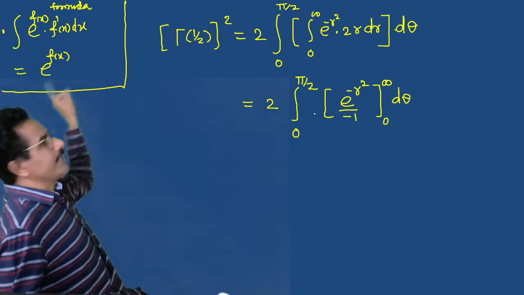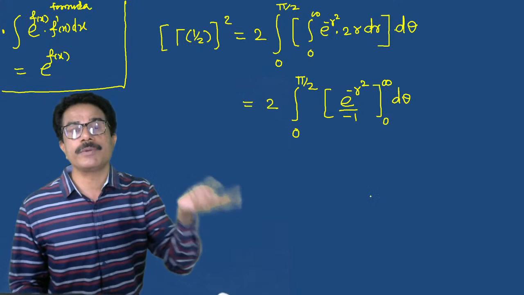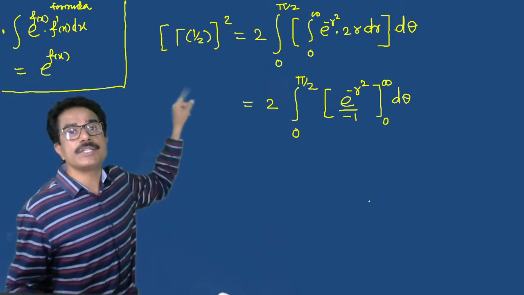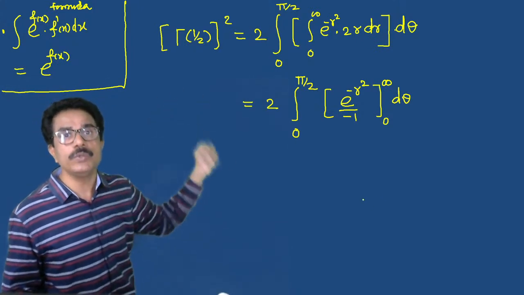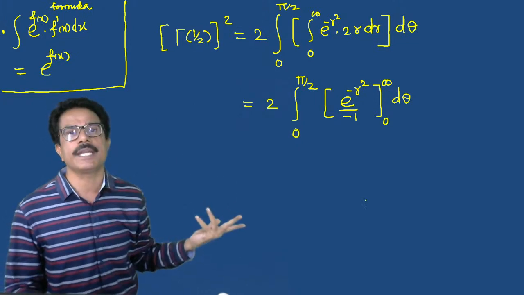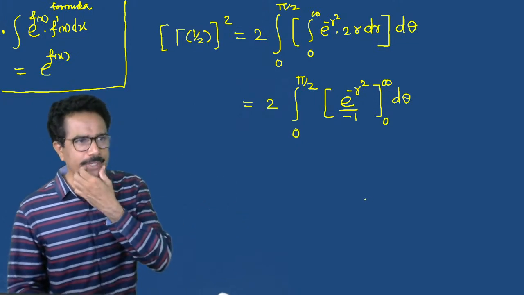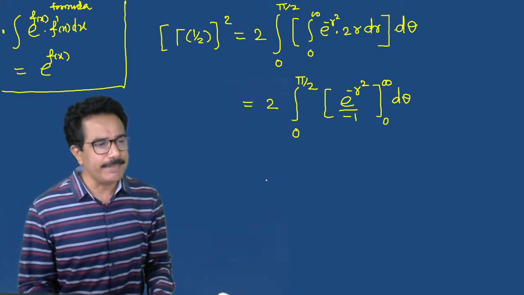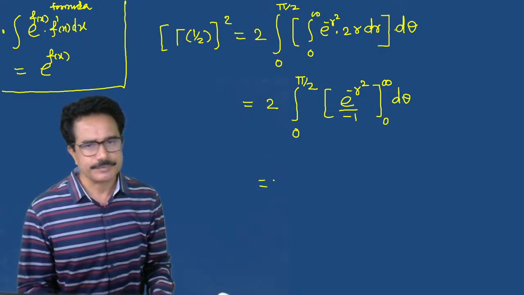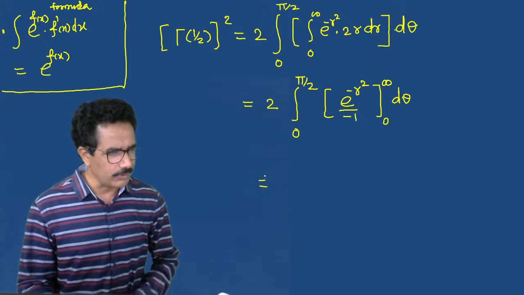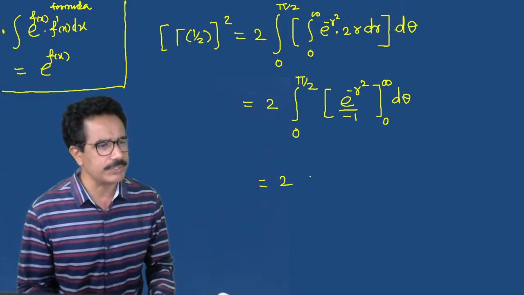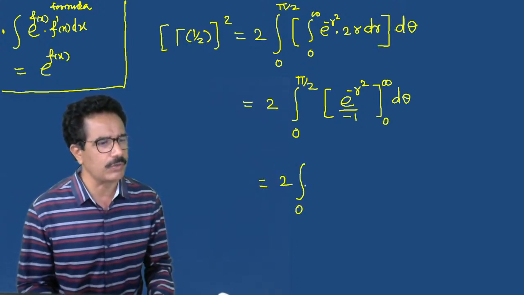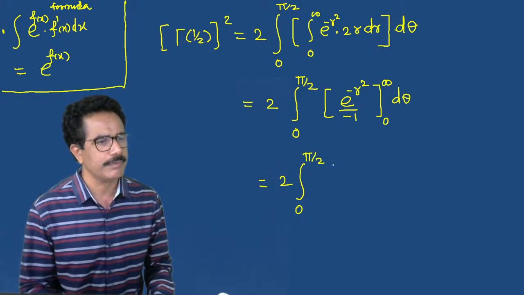According to this formula we can replace this: e raised to r square, whose derivative is 2r, means e raised to f of x into f dash of x dx, then we can write e raised to f of x. Now put the upper limit and lower limit. Now here you can put the upper limit and lower limit, integral from 0 to pi by 2.